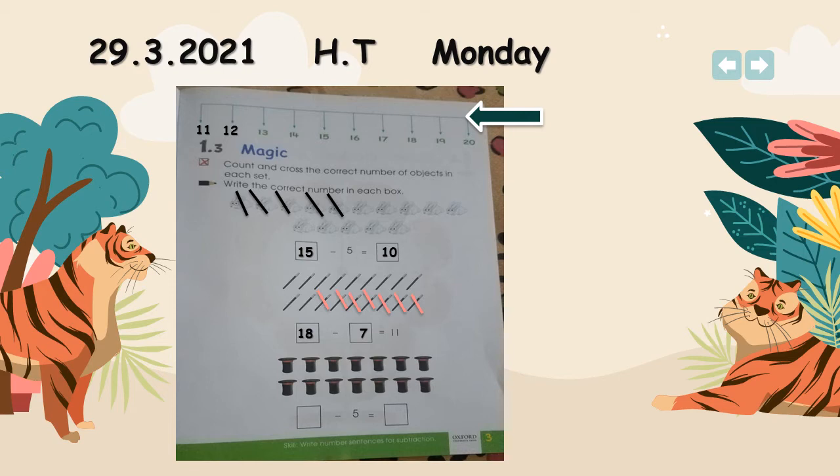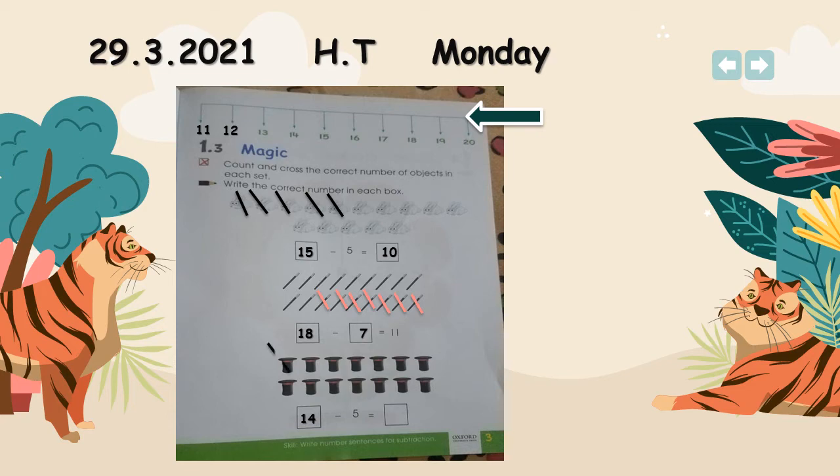Again the next one is magician's hat. So count how many hats are here. 1, 2, 3, 4, 5, 6, 7, 8, 9, 10, 11, 12, 13, 14. 14 hats are here. So write number 14 in the first box. 14 minus 5. They are saying cross 5.